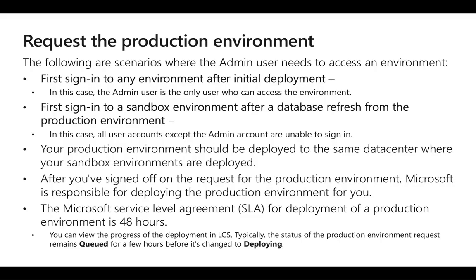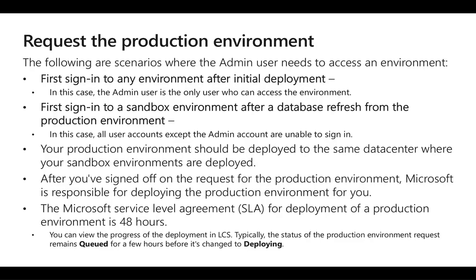After we have signed off on the request for the production environment, Microsoft is responsible for deploying the production environment for us. The Microsoft Service Level Agreement (SLA) for deployment of the production environment is 48 hours.